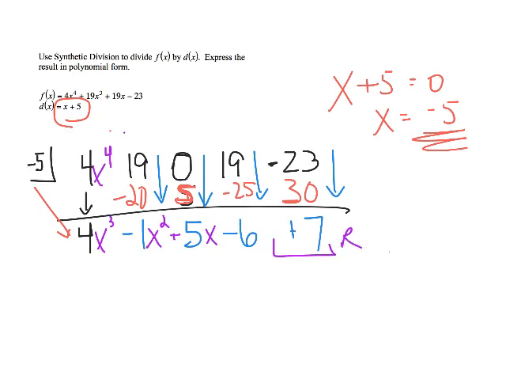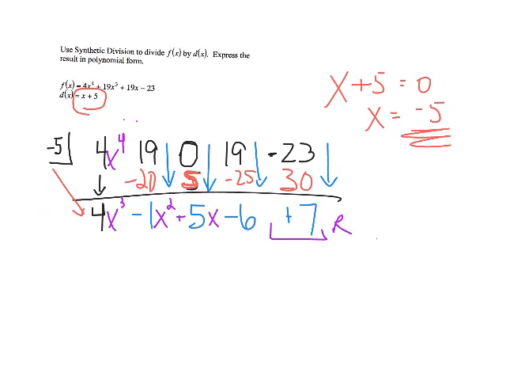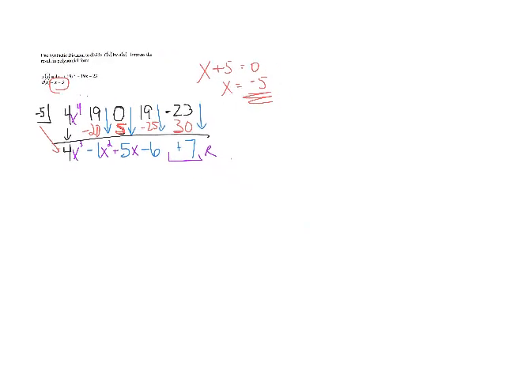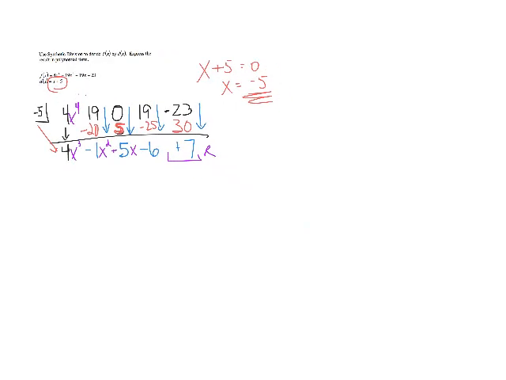So when you write this in polynomial form, remember it was polynomial equals our answer, technically our quotient, times our divisor plus our remainder. So our polynomial was 4x to the fourth plus 19x cubed plus 19x minus 23 equals.